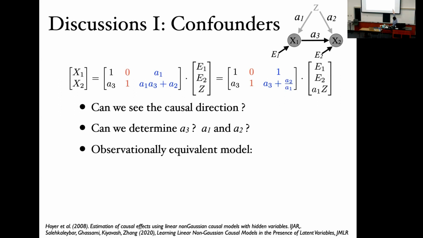And from Z, we have 2 paths. So the total causal influence from Z to X2 would be A2 plus A1 times A3, as you can see from here. This is the whole mixing procedure, right? Now we are getting only the data. Can we recover all those things? That's the question you want to answer, because if you can recover A1, A2, A3, you recover the whole causal picture involving the latent variable.